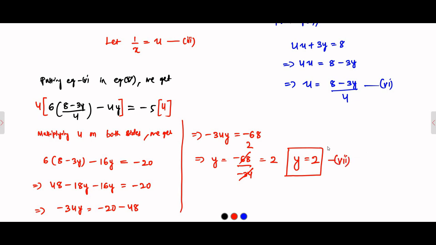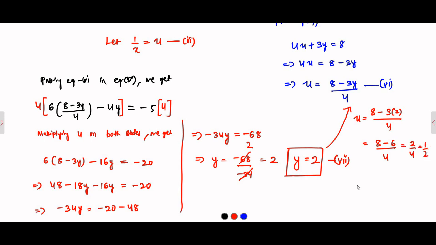Now when we put this here, u is equal to (8 minus 3y) by 4, we get u is equal to (8 minus 3 into 2) by 4, which is 8 minus 6 by 4, which is 2 by 4, which is equal to 1 by 2.